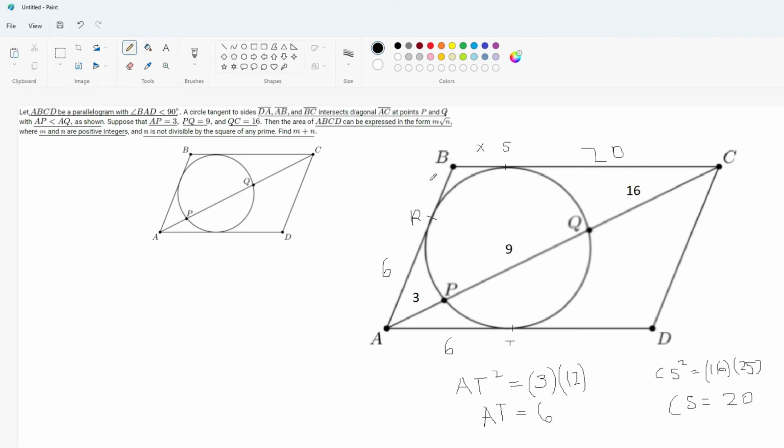So if BS is x, BR is also x as well. Furthermore, now we can actually relate this to opposite sides of the parallelogram. Since it's a parallelogram, we know that AB and CD must have the same lengths. So since AB has a length of 6 plus x, CD will also have a length of 6 plus x.